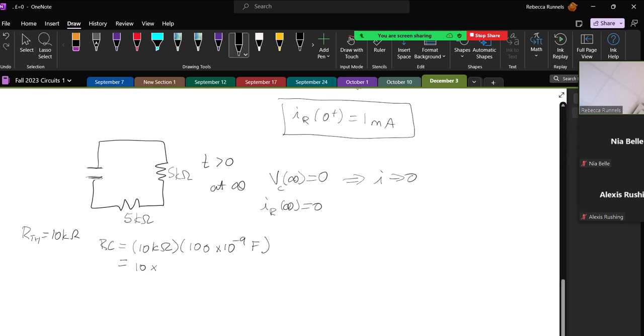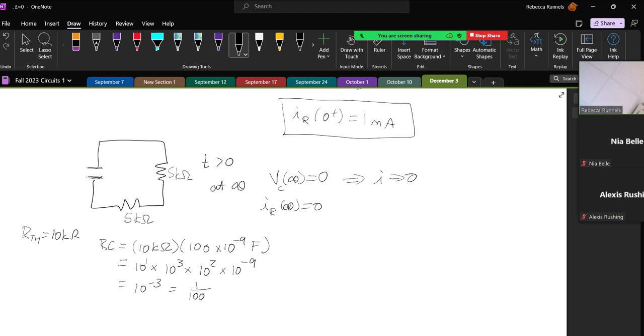10 times 1,000 is 10 to the third, times, that's 10 to the first, times 100 is 10 squared, times 10 to the negative 9. So it's minus 8 plus 5 is minus 3, so that's 10 to the minus 3, or 1 1,000th. So tau is 1 1,000th, or 1 over tau equals 1,000.